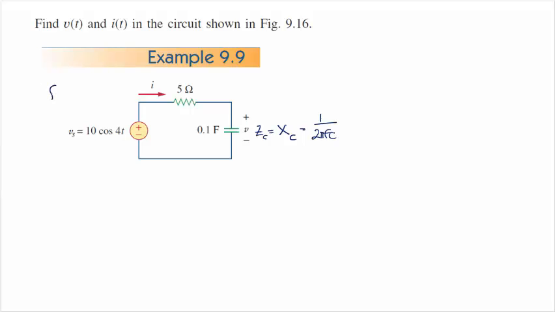And the frequency in this circuit, omega equals 2 pi f, and we have omega right here. Omega is 4. So if we want to solve this in the frequency domain, the first thing we have to do is convert this into phasor notation, which is 10. We don't even have to worry about expressing that part.